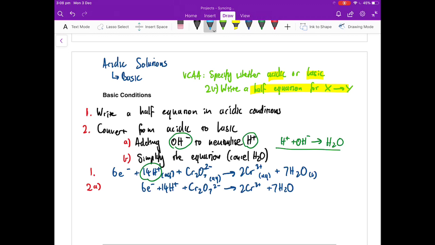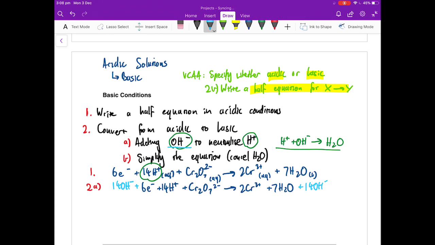We neutralize the 14H+ by adding 14OH- to both sides of the equation. Just like in maths, when we do something to both sides of an equation, the same thing applies here.